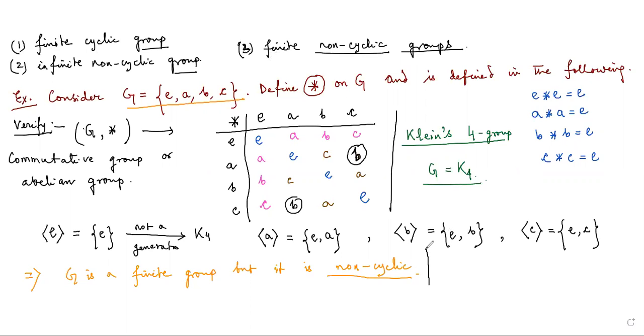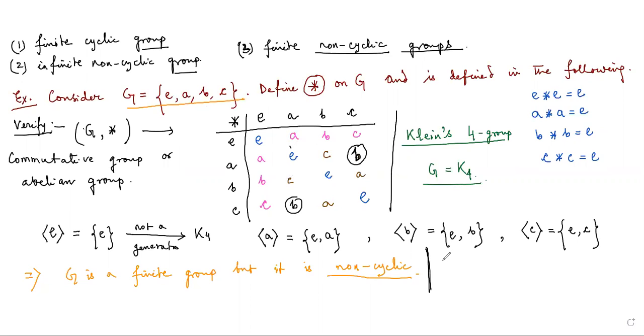But another observation comes from the discussion of this Klein's 4 group. Look at this group carefully. We have considered a finite group with 4 elements, operations defined in a special way, and the group is not cyclic. The elements of the group are not generated by any of the 4 elements.